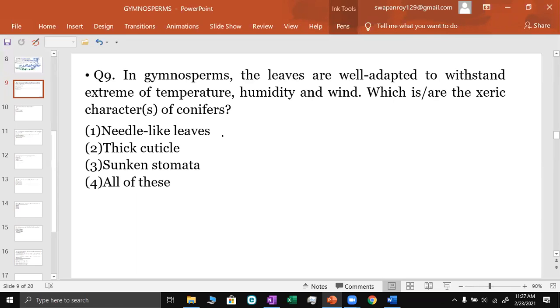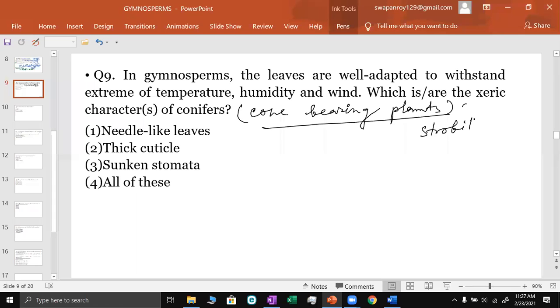Conifers means cone bearing plants. Their reproductive structure is organized into a cone or strobilus.